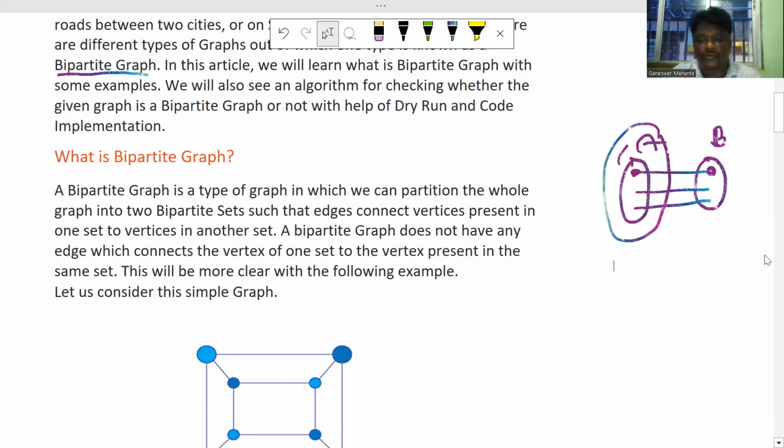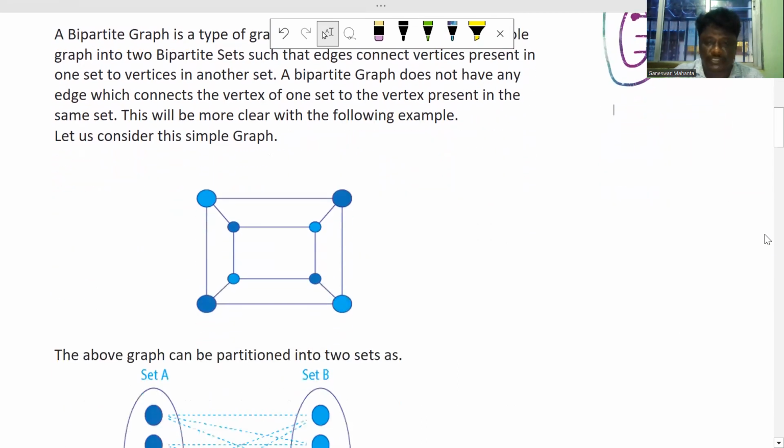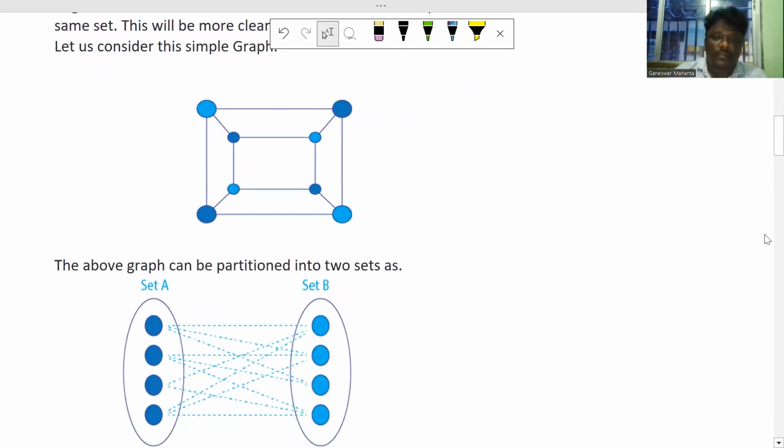Let us look at one example we have just represented. The above graph can be partitioned into light blue and deep blue vertices, which are connected.